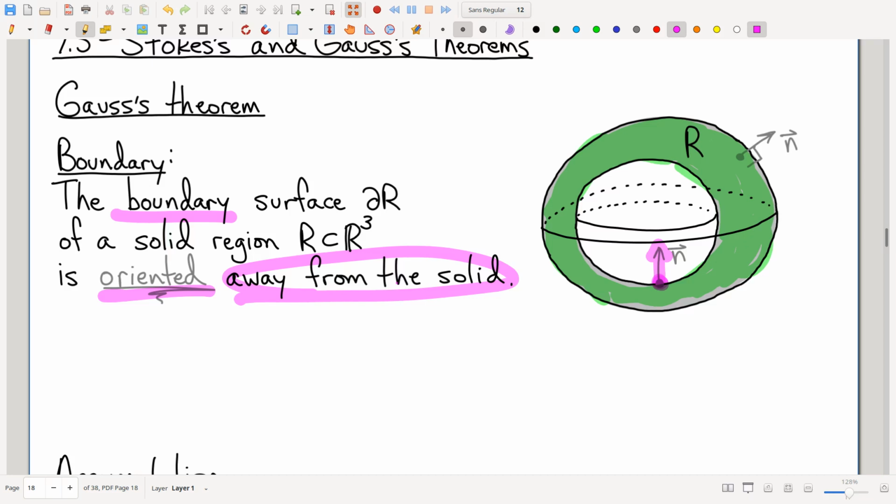That's the rule. So, for example, at this point, it's like that. At this point here, it's like that. Notice again, away from where the solid is and into where the not solid is.